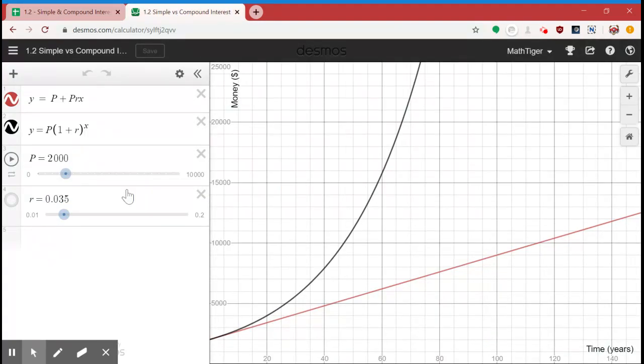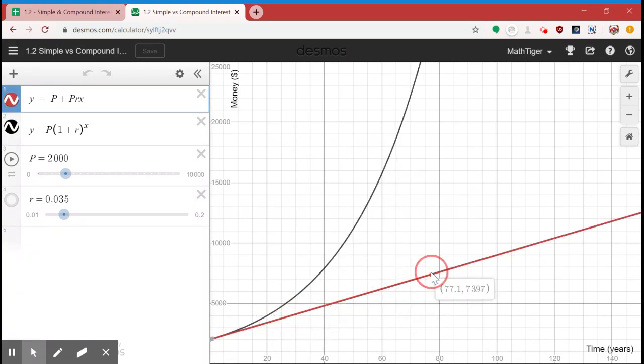I have these two things graphed as well. You'll note that you're probably not familiar with this formula, and I use Y's and X's instead of A and T. But if you look at the graph over here, so for an initial investment of $2,000, and I've got an interest rate of 0.035, so 3.5%, this red bar indicates my simple interest.